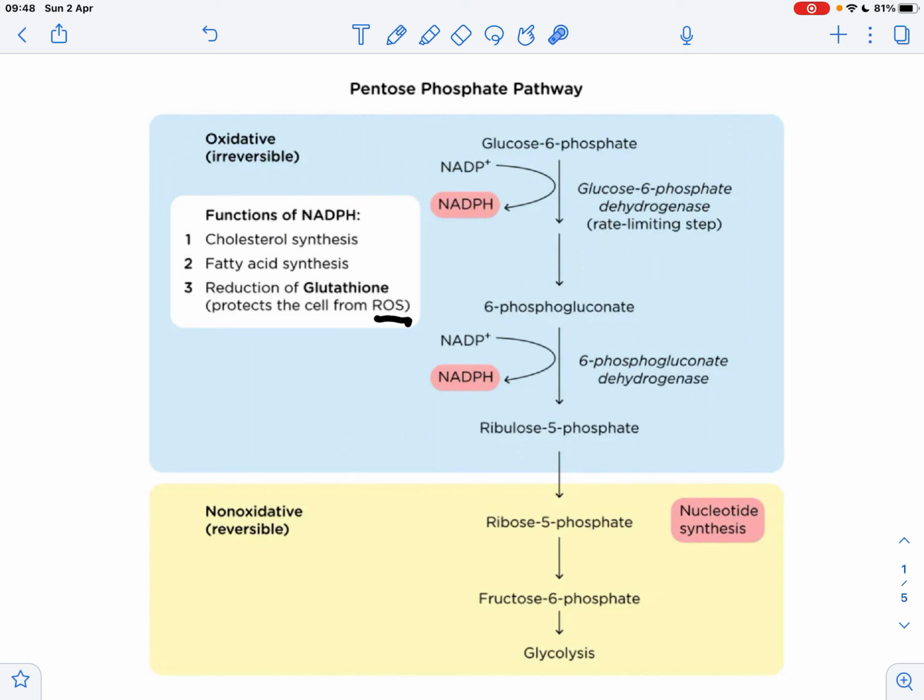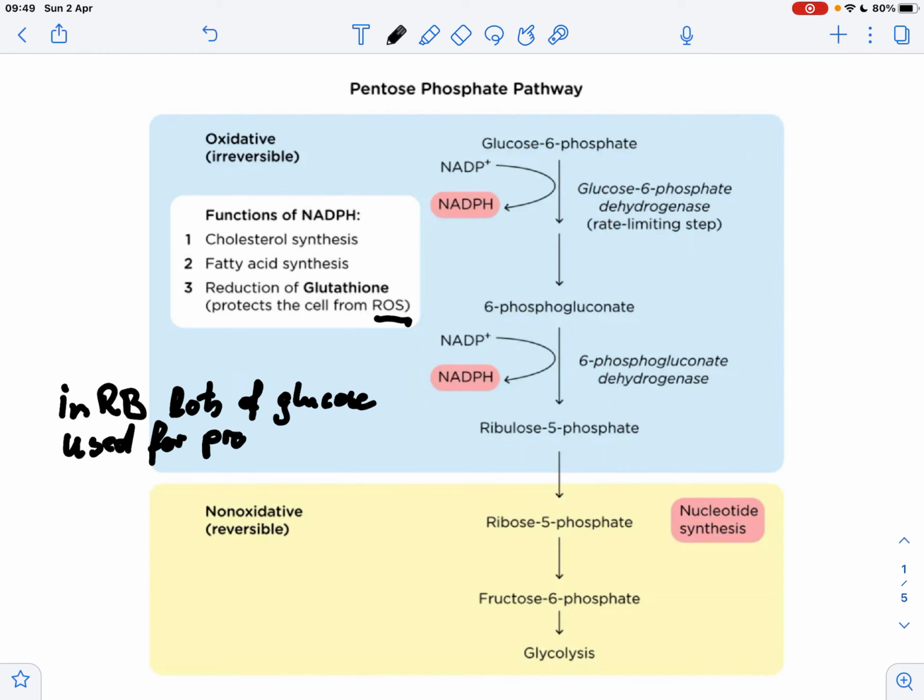So in erythrocytes, so in red blood cells, lots of glucose is used. Glucose used for protection. So the erythrocytes not only use the glucose as an energy source, but they use it also for protection.